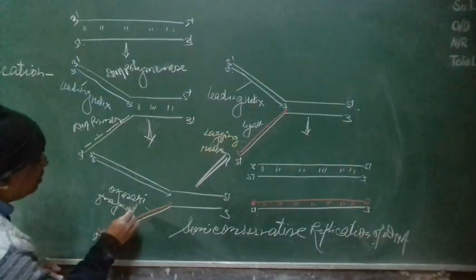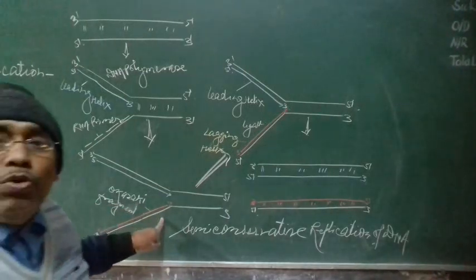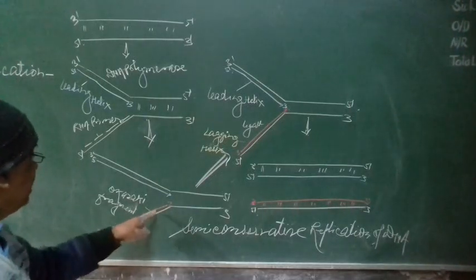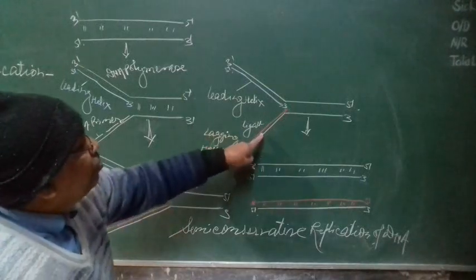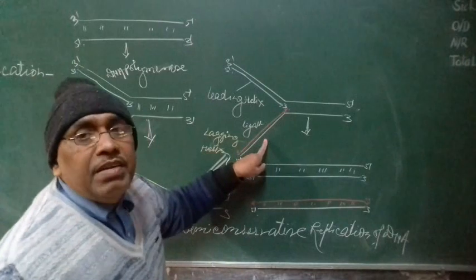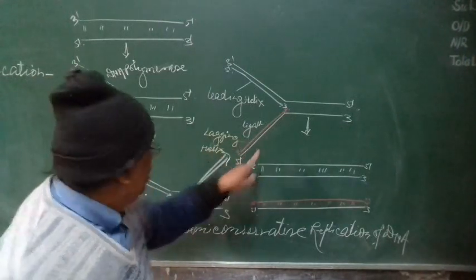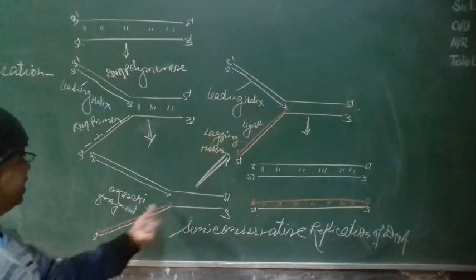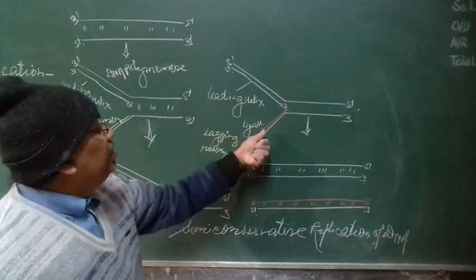Okazaki fragments are small oligonucleotides. They get arranged in 5 to 3 direction, and these Okazaki fragments get attached with each other in the presence of ligase enzyme.